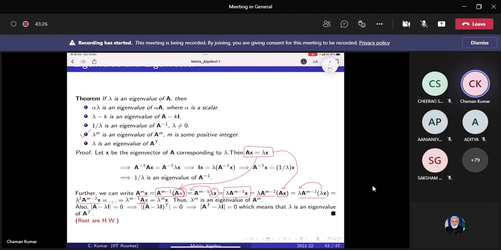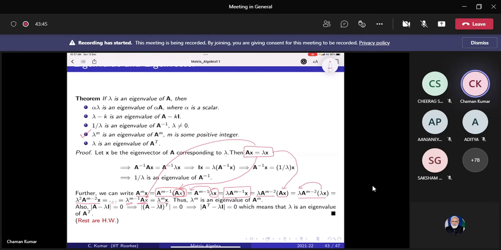So when you have Ax, the power of lambda will become m minus 1. And then again you use Ax is equal to lambda x to get lambda raised to m into x.